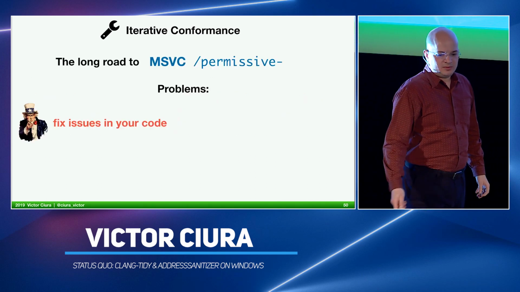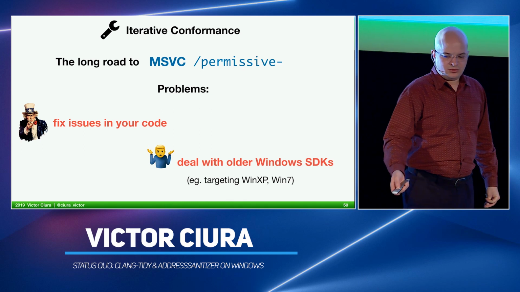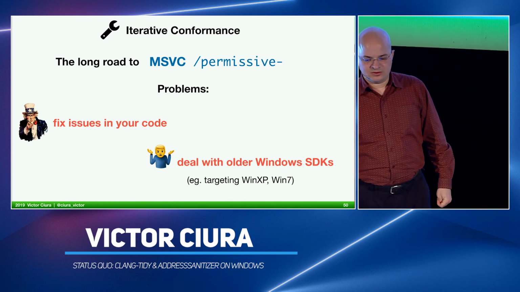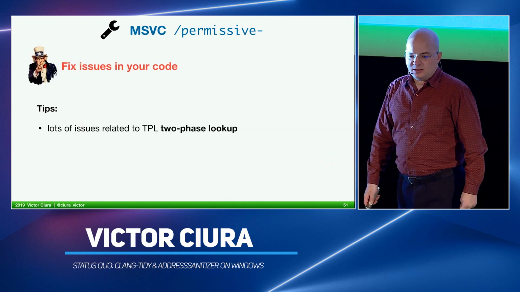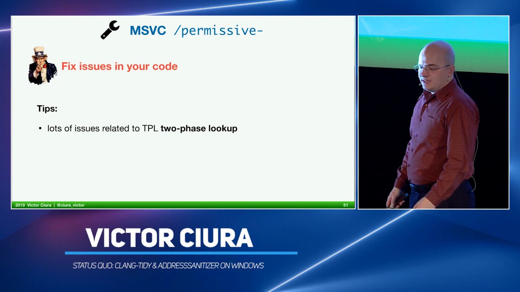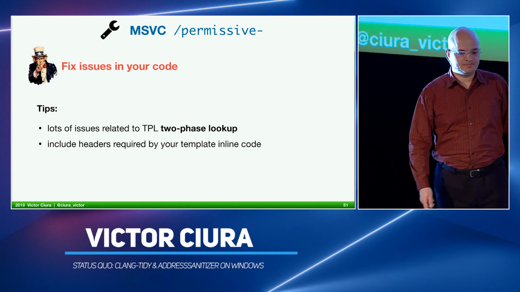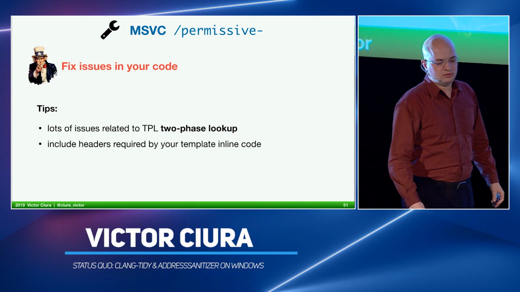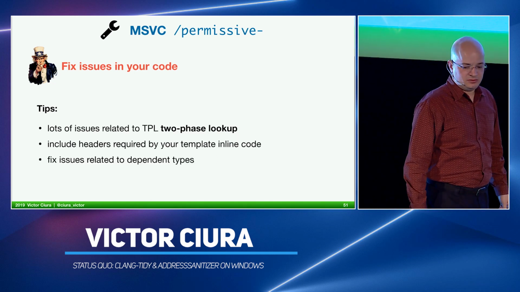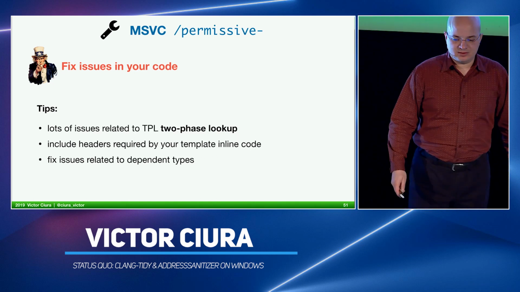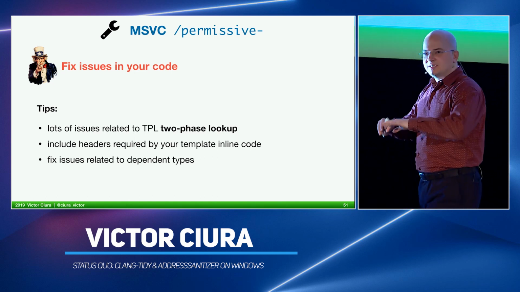So I told you, you have to fix issues in your code and deal with older Windows SDKs. Plenty of issues regarding two-phase name lookup for templates. You need to do the proper includes for your template inline code. Fix issues for the dependent types, a lot of typename typing.